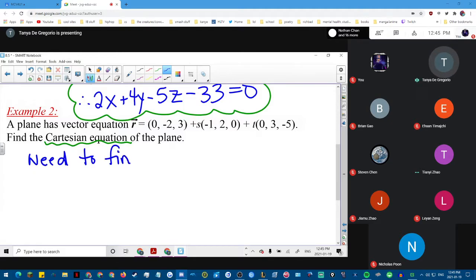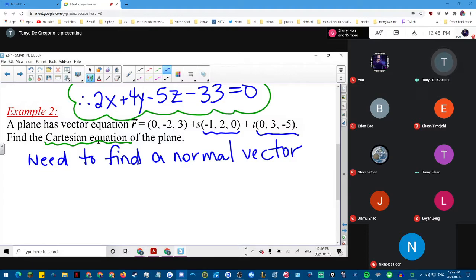I have 2 direction vectors. How can I find a normal? The cross product. I have 2 direction vectors. If I cross m1 and m2, I will get a normal.